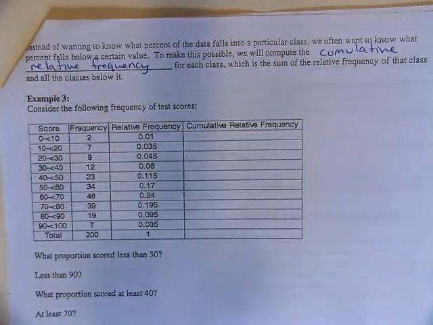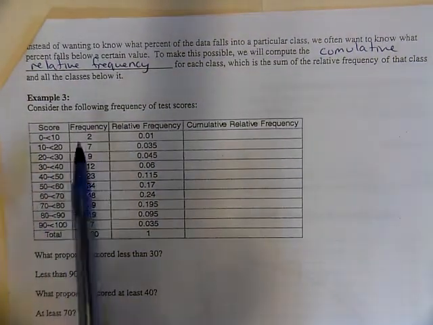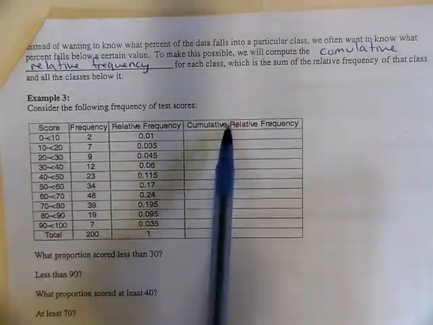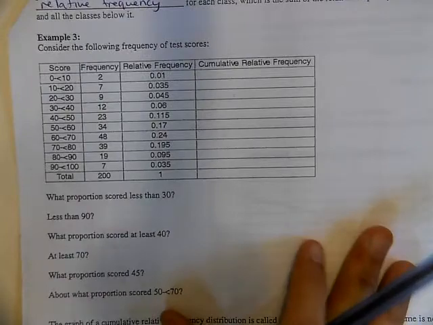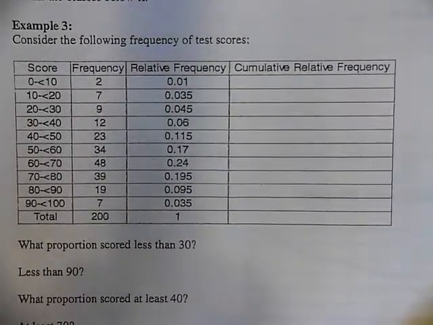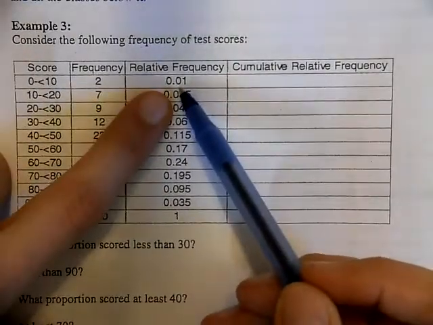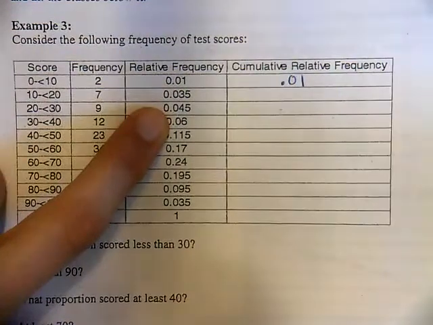So here we have the score on a test, the frequency, the relative frequency. We're going to do the cumulative relative frequency. So all we're doing is adding. I'm going to zoom in so you can see what I'm doing. The cumulative relative frequency for the first class is just 0.01.